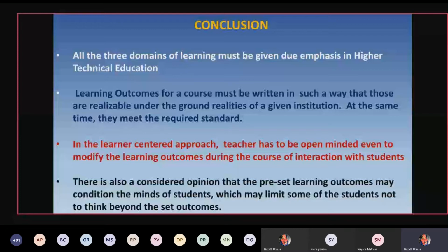In this approach, the teacher has to be open-minded to modify the learning outcomes framed by him or her during the course of interaction with the students. If we fix the learning outcome and are very rigid to change it, then we are probably limiting our students from thinking beyond. That would be my last conclusion for these three domains of learning.